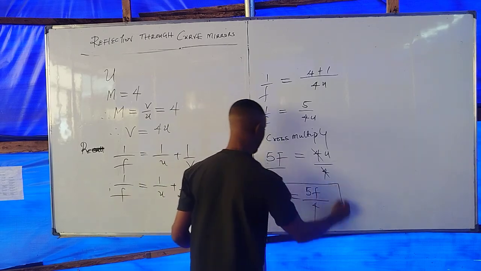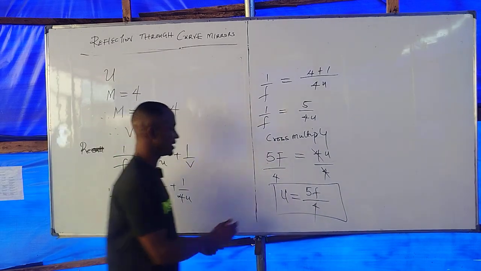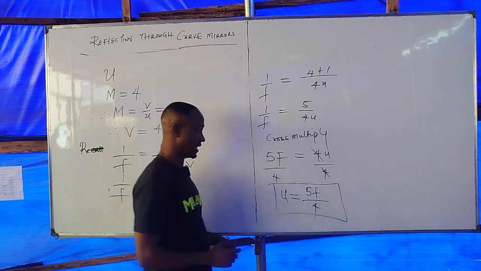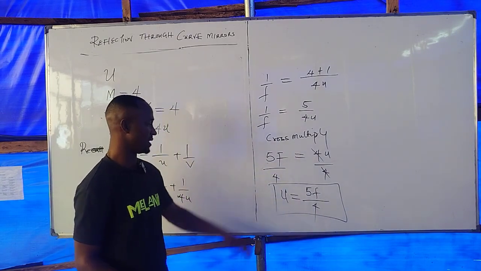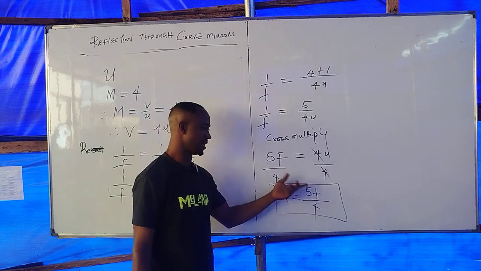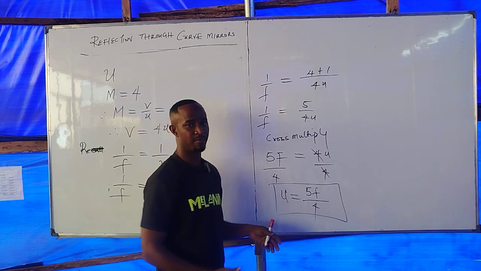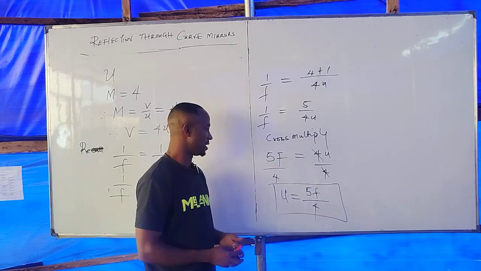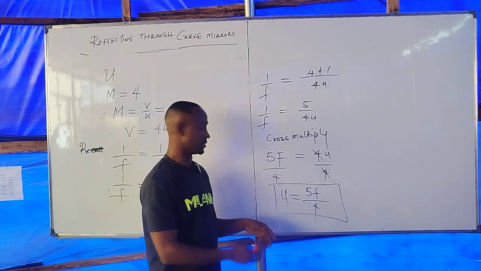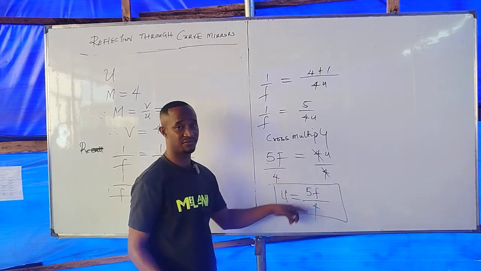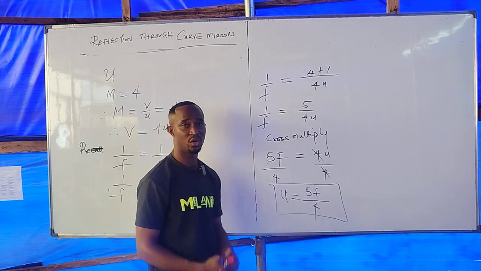Okay, this is the answer we are looking for. That means the object distance is 5f/4. Then if we are not given the focal length of that mirror, we can put the value there, multiply by 5 to get the actual value of the object distance.